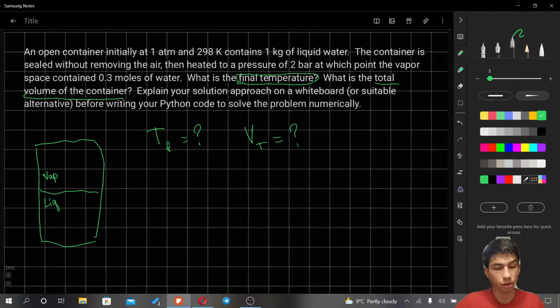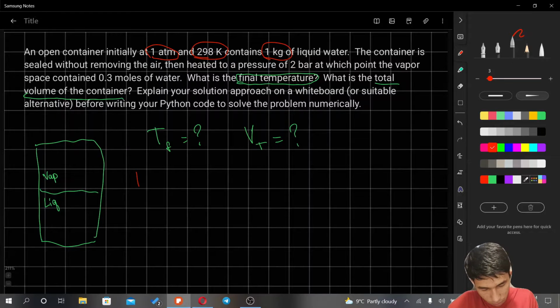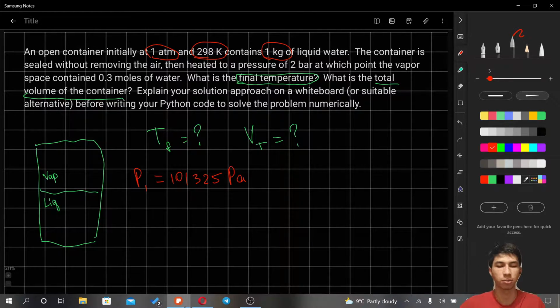And now let's look at what we are given. We're given the initial pressure, the initial temperature, and the initial mass of liquid water. So pressure initial equals 1 atmosphere. We need our units to be in SI units, so 101,325 pascals, which equals 1 atmosphere.